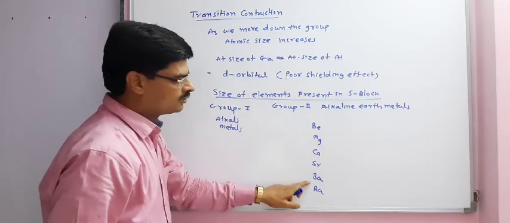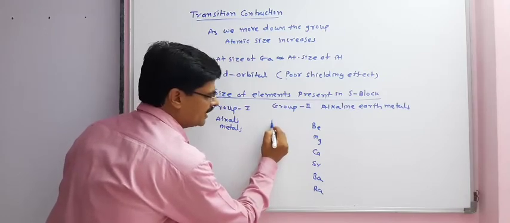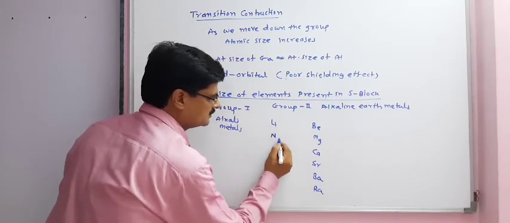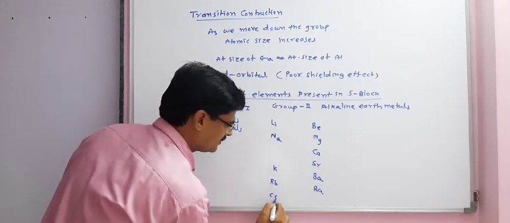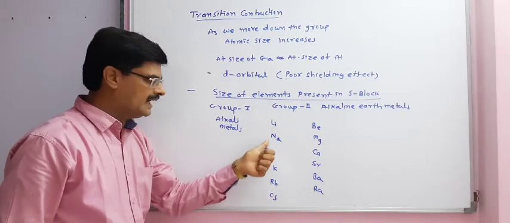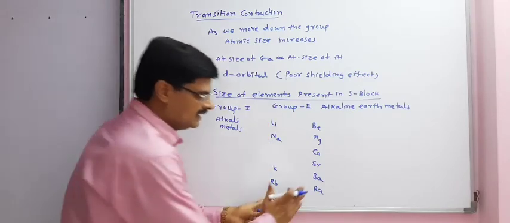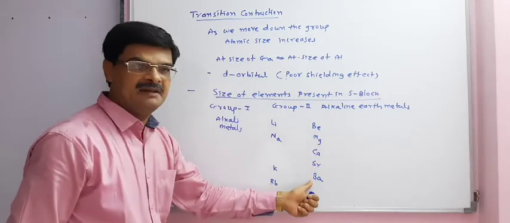Here we will take only these elements Li, Na, K, Rb and Cs, and here also we will take Be, Mg, Ca, Sr and Ba.